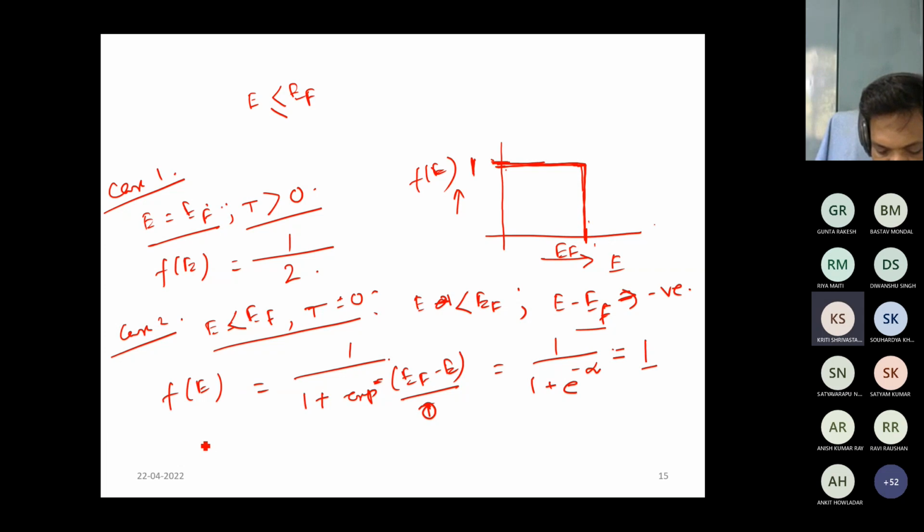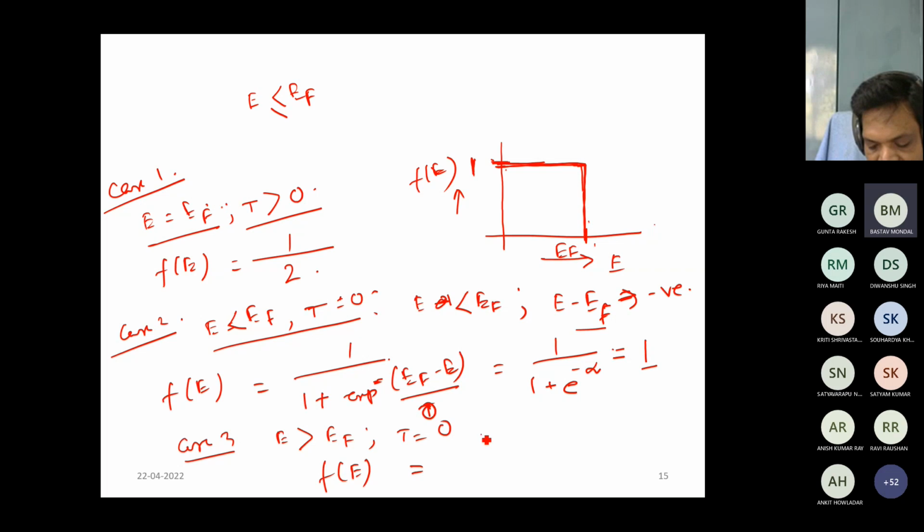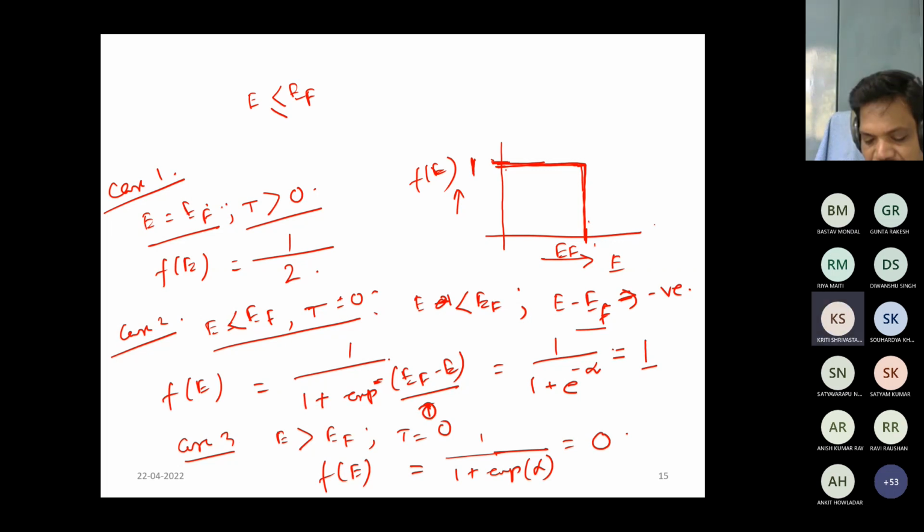Now let us see the next case, case 3. If we consider E greater than EF and T equal to 0, what would be the value of F(E)? It is 1 divided by 1 plus exponential of infinity, so this would be 0. What does it indicate?